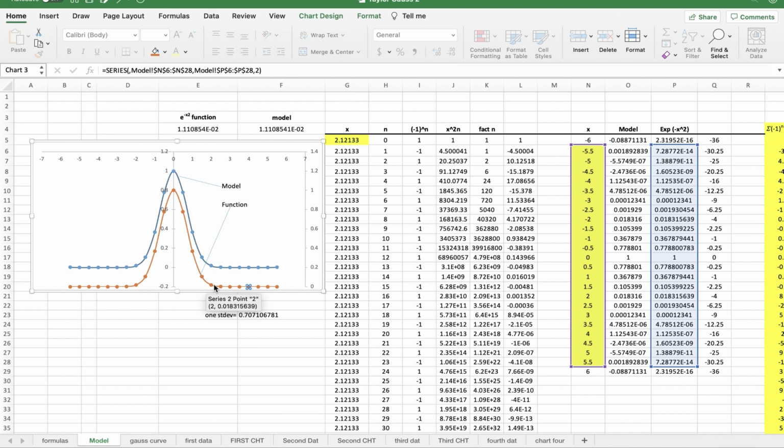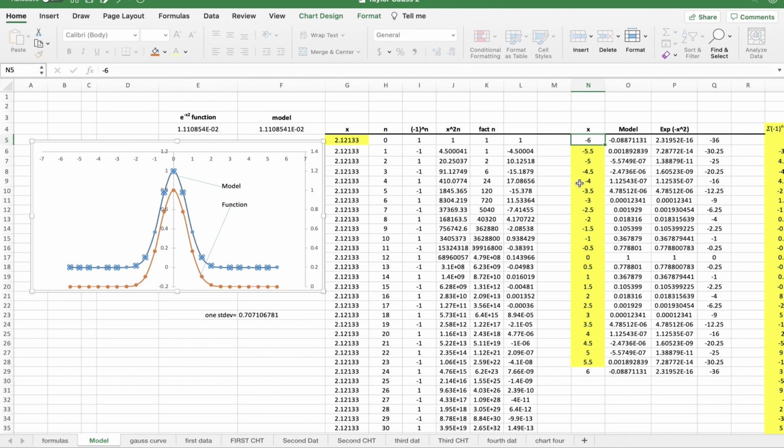The error that you get in the model is very, very small, until you carry it out to beyond x equals minus 5.5 to 5.5. When we calculated this curve using the Taylor series, once I got to x equals minus 6 to 6, the precision or the accuracy of the model fell off.